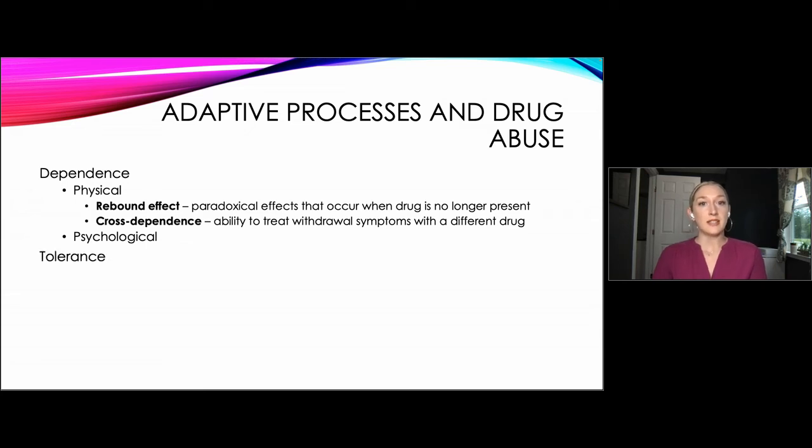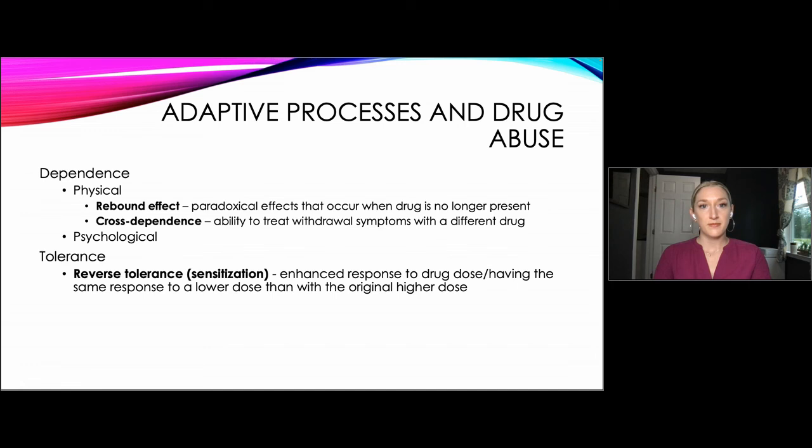Tolerance is then built to an extent that depends on the drug, the person taking the drug, how much of the drug they're taking, and the frequency that it's being administered. Reverse tolerance is an enhanced response to a drug dose.